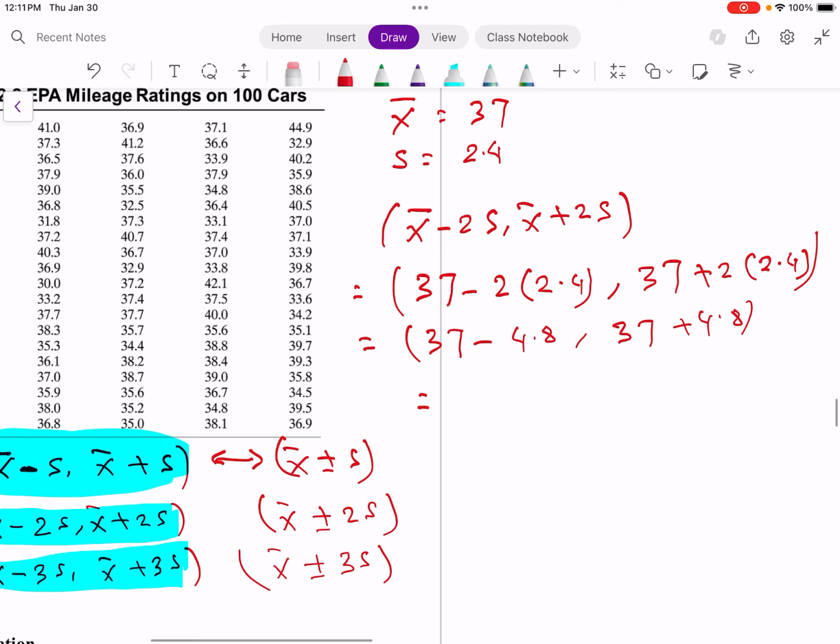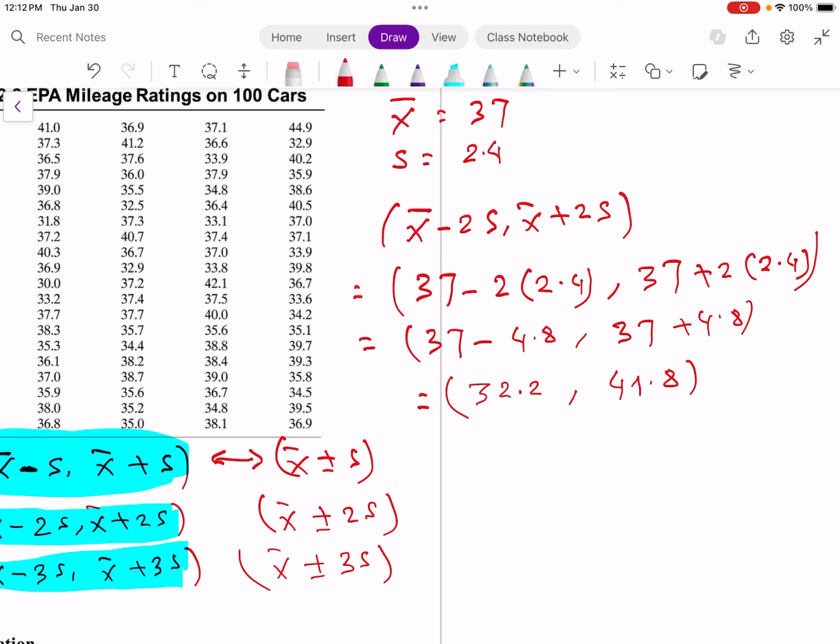37 minus 4.8, is it 32.2? 32.2 plus 0.8 is 33, plus 4 is 37. 37 plus 4.8 is 41.8. Just correct me if I'm wrong here. So the interval is 32.2 to 41.8, right?